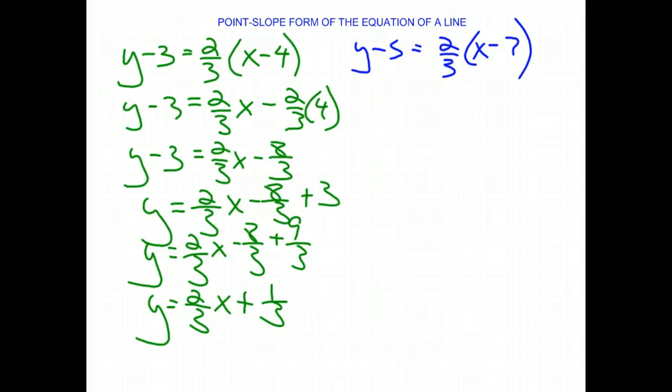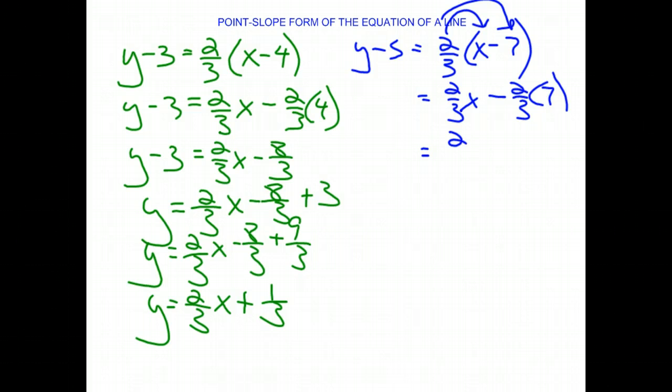Oh man, I hope the equation on the other side comes out to be the same thing. So I'm going to distribute the 2/3 into the parentheses, giving me 2/3 x minus 2/3 times 7, which is 2/3 x minus 14 over 3. The other side, I bring down just for the ride.